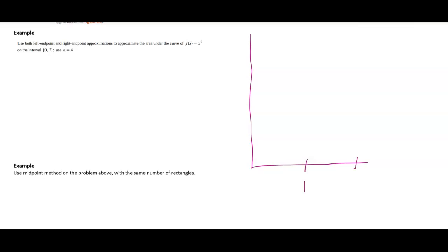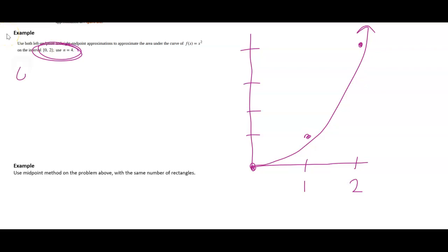Here's 1, here's 2. I'm going to be at 0, 1, 2, 3, and 4. 1, 1, 2, 4 are my points on my parabola. Oh goodness, that was not a very good graph. That's okay though. Okay, so I need to make this 4 rectangles.